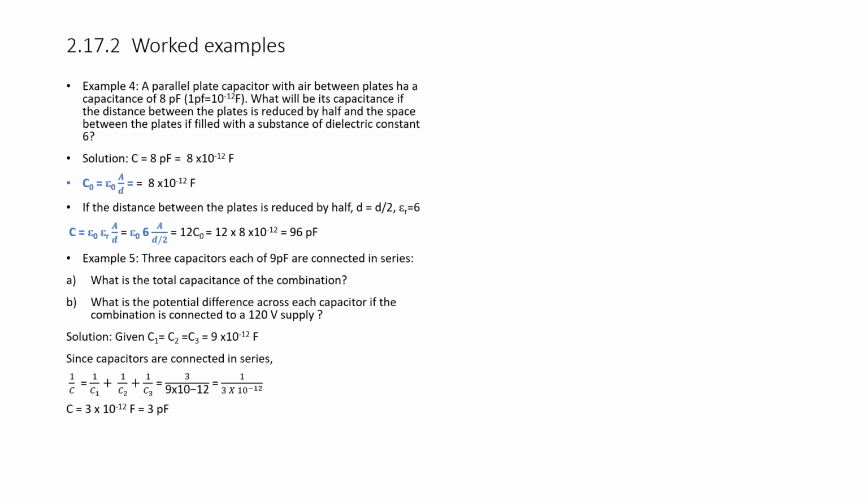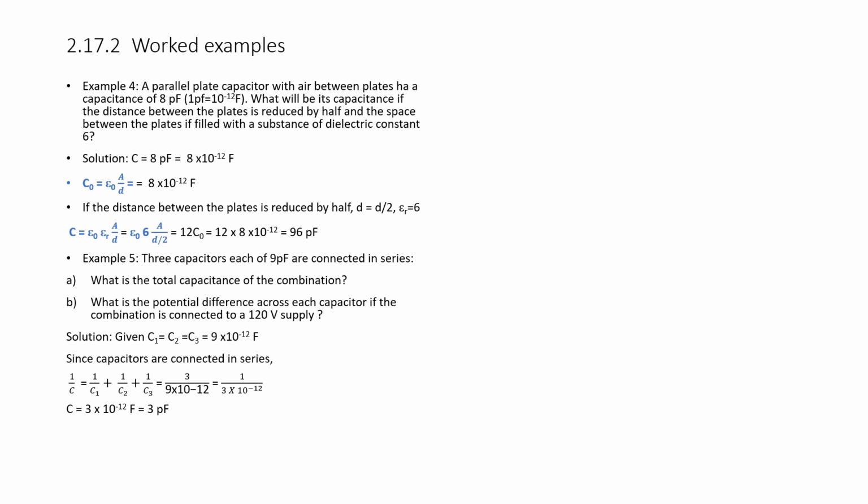Solution: given C1 equals C2 equals C3 equals 9 picofarads. Since capacitors are connected in series, 1 over C is equal to 1 over C1 plus 1 over C2 plus 1 over C3. Since they are equal, it becomes 3 divided by 9 into 10 to the power of minus 12.